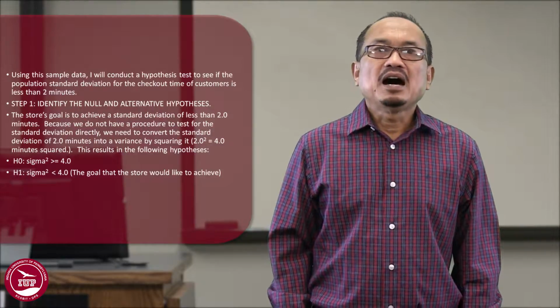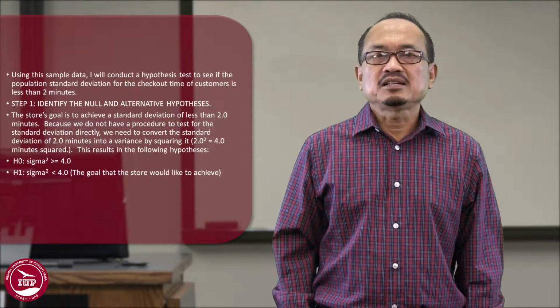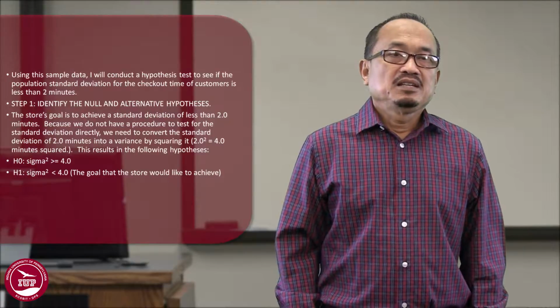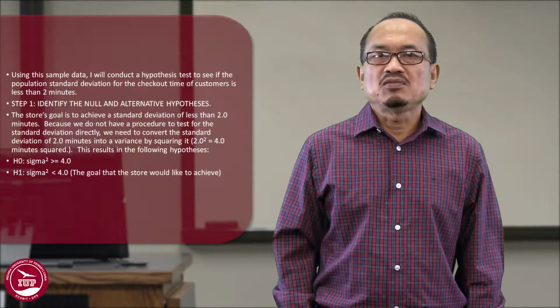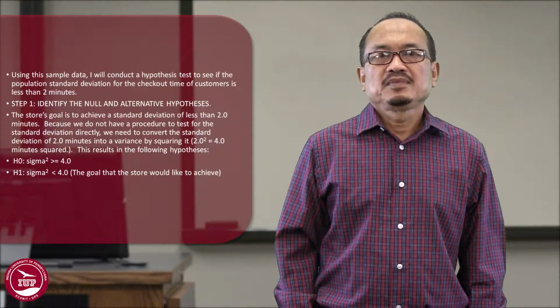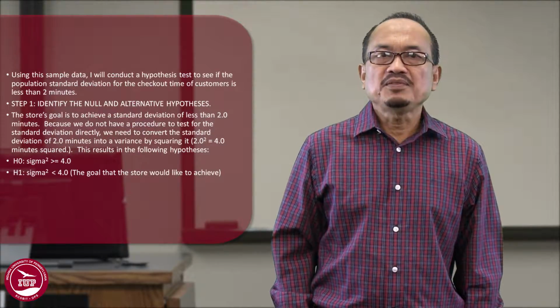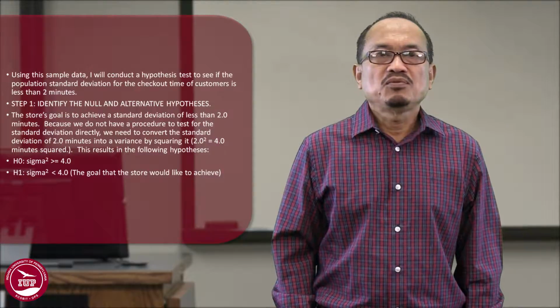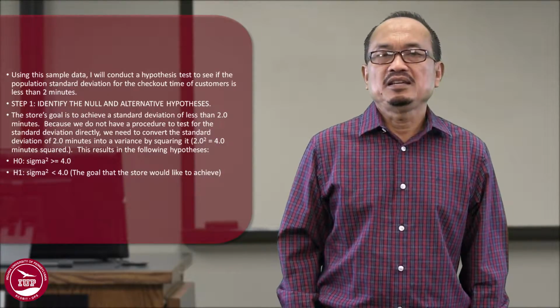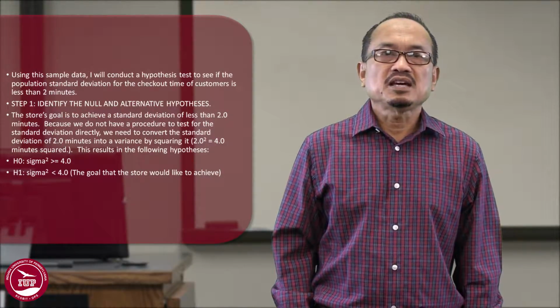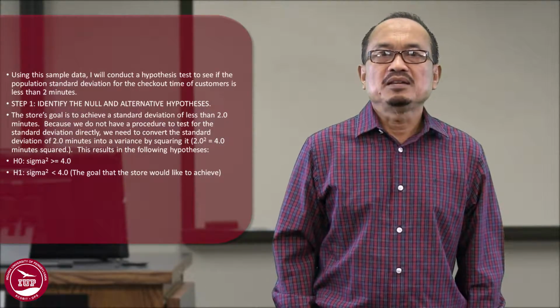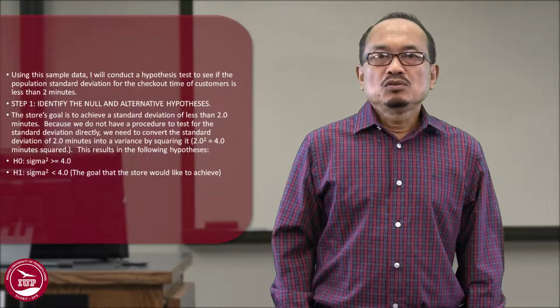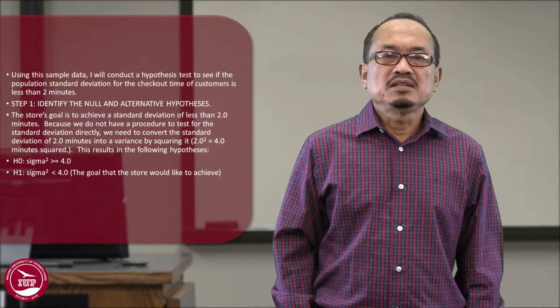Step 1. Identify the null and alternative hypotheses. The store's goal is to achieve a standard deviation of less than 2 minutes. Because we do not have a procedure to test for the standard deviation directly, we need to convert the standard deviation of 2 minutes into a variance by squaring it. 2 squared is equal to 4 minutes squared.